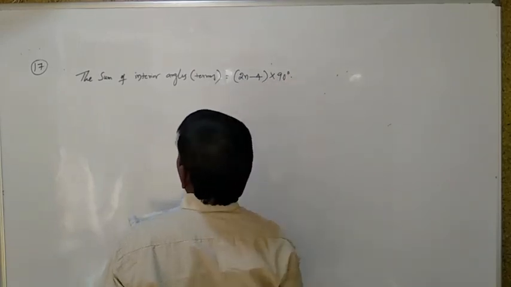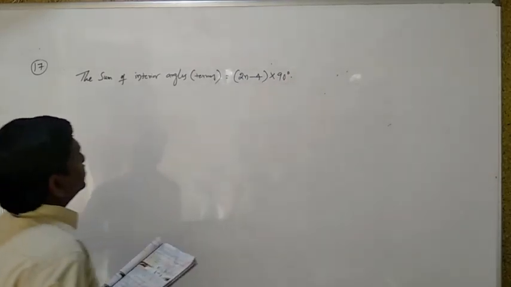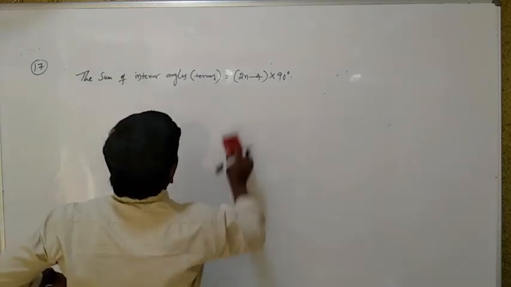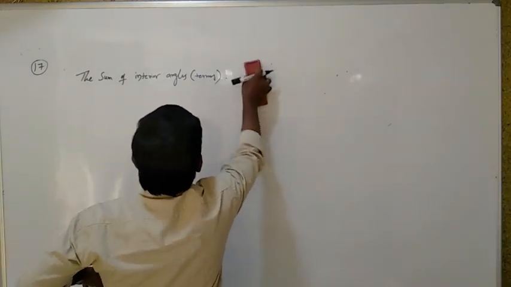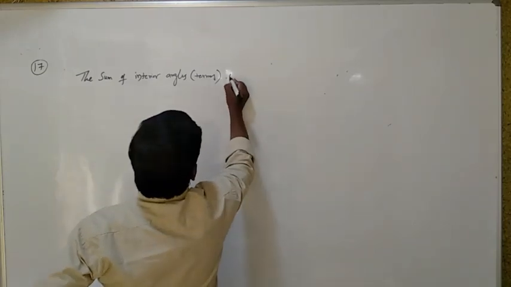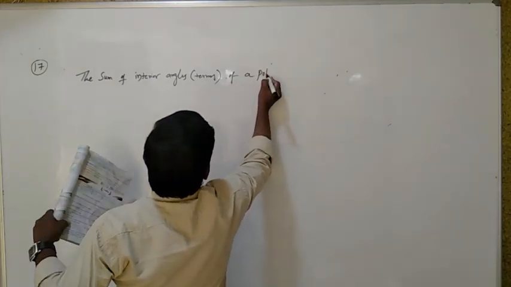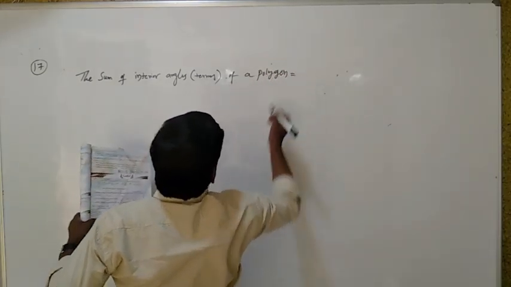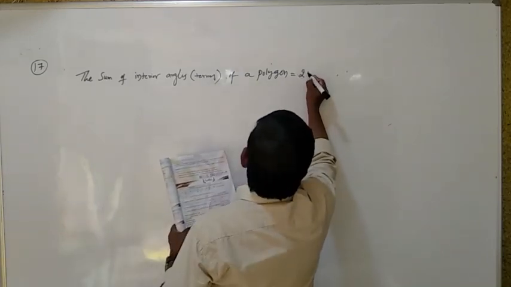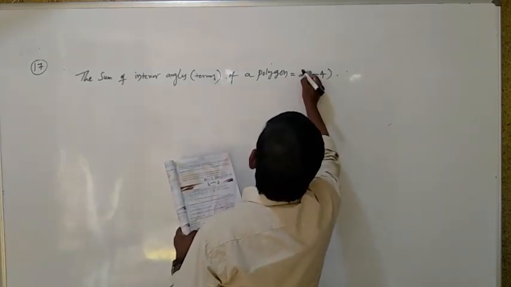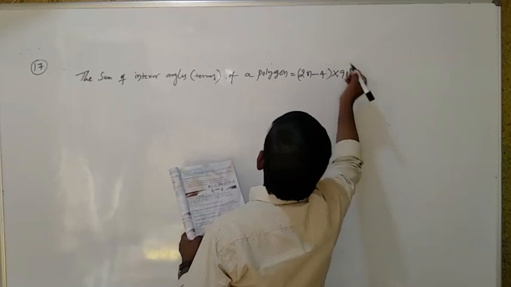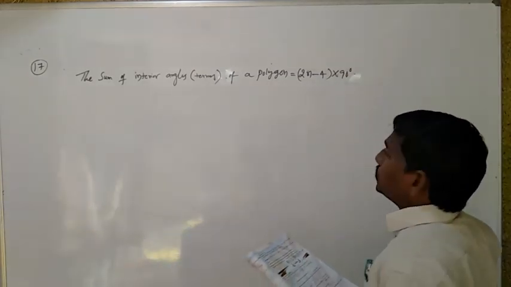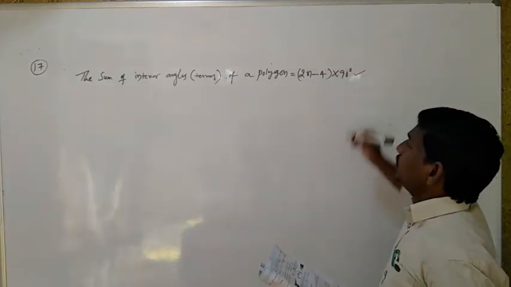The standard formula. The sum of interior angles of a polygon: (2n minus 4) into 90 degrees.